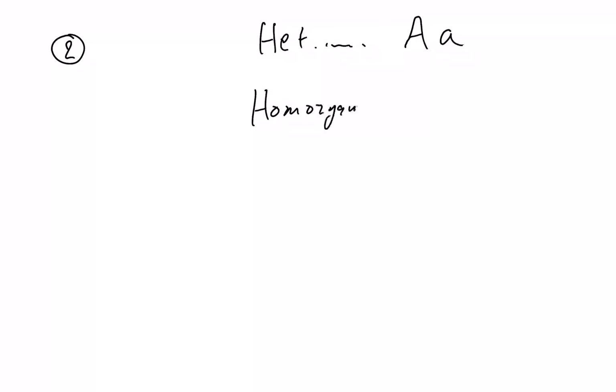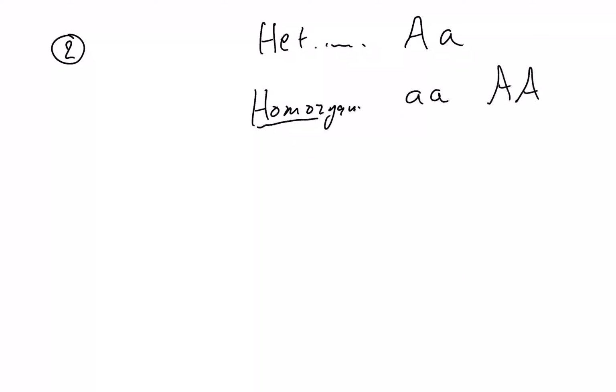Okay, question number 2. Question number 2 is a little bit more challenging because we're implementing words. So basics: heterozygous is going to be a big A, little a. Homozygous is going to be either a little a, little a, or a big A, big A. So just remember that the prefix homo just means two of the same.